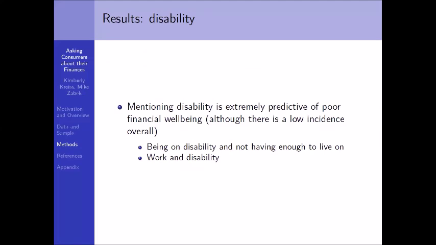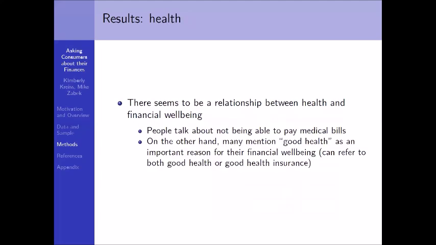But people talked about disability in a lot of different ways. People talked about being on disability and not having enough to live on. People talked about waiting for disability benefits to come through. And people talked about either wanting to work and not being able to work because of disability, or some other kind of relationship with disability benefits and whether or not you can work, even if you want to.